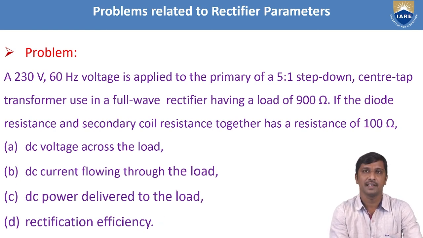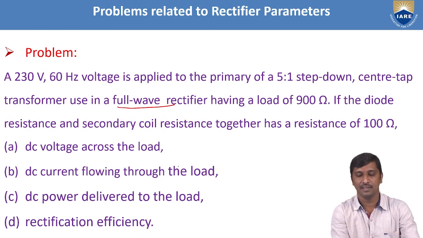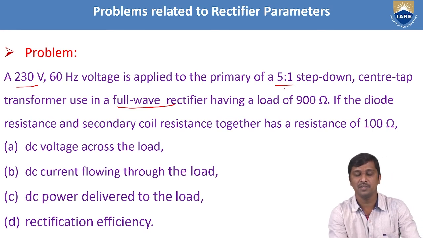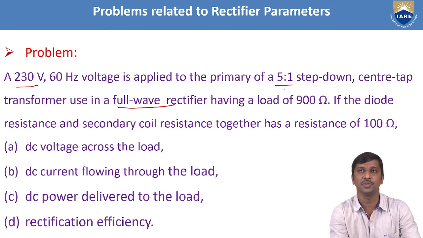This problem is related to the full wave rectifier. Here they have not given how much voltage is generated across the transformer secondary, but they have given the transformer turns ratio indirectly, which is 5:1. The input voltage for the transformer is 230 volts. Based on this turns ratio, we need to calculate the secondary voltage across the transformer.